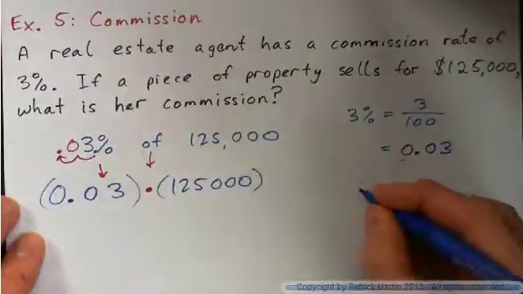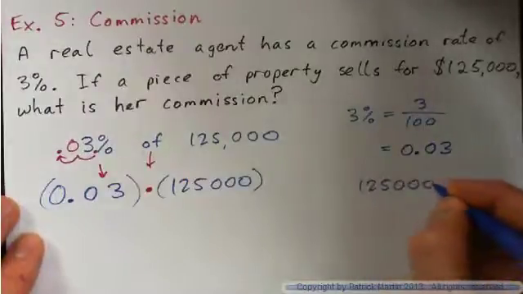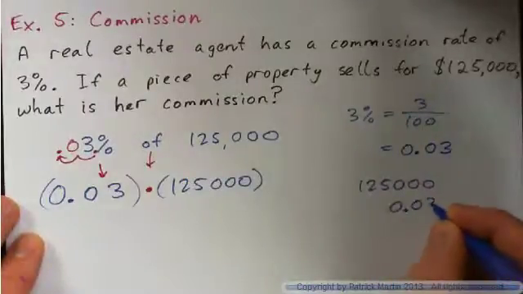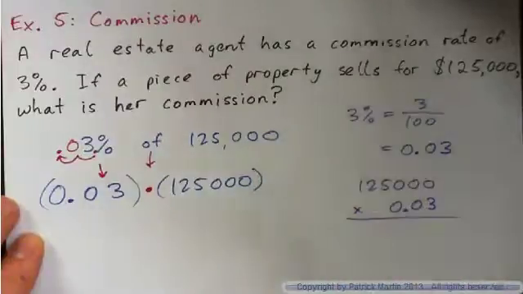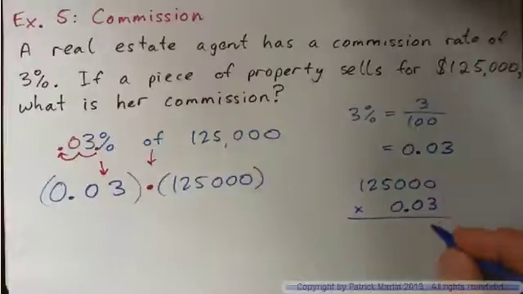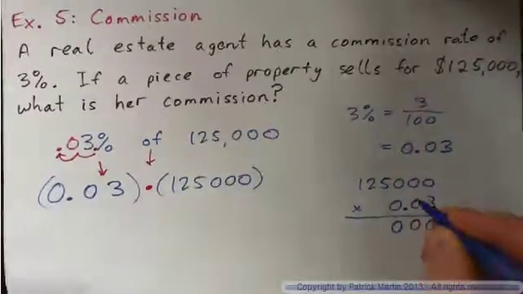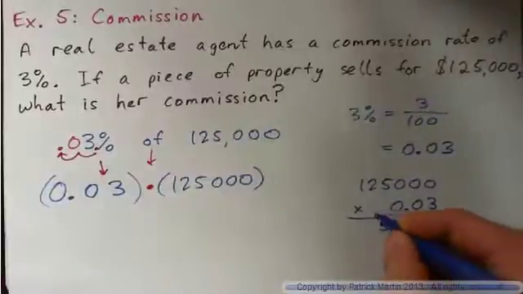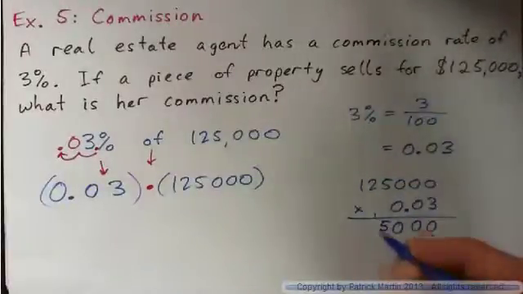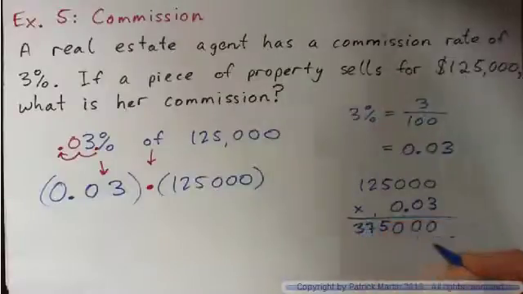So what I need to do is take 125,000 and take 0.03 and multiply. So 3 zeros is 0, 3 zeros is 0, 3 zeros is 0, 3 fives is 15, carry the 1. 3 twos is 6 and 1 is 7, 3 ones is 3.